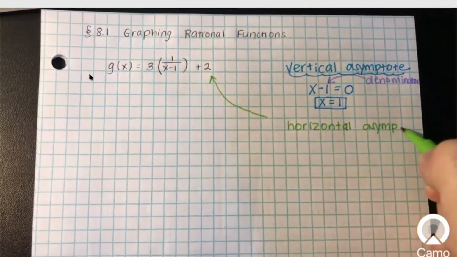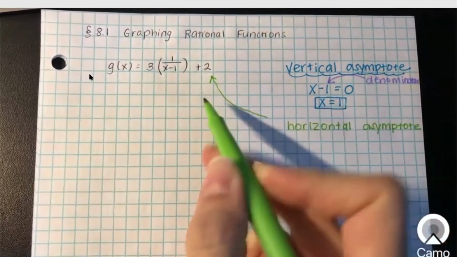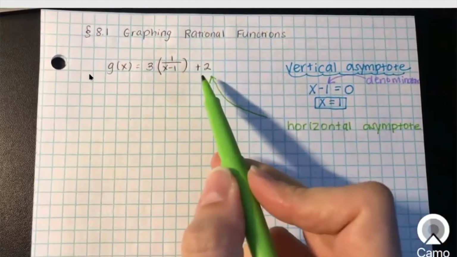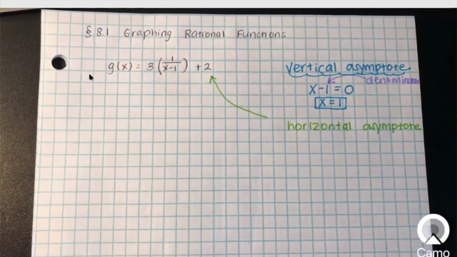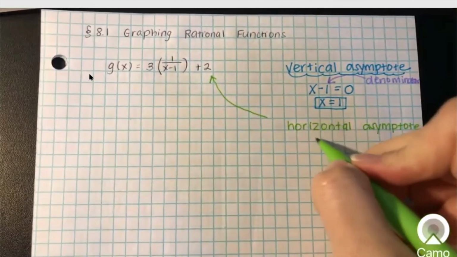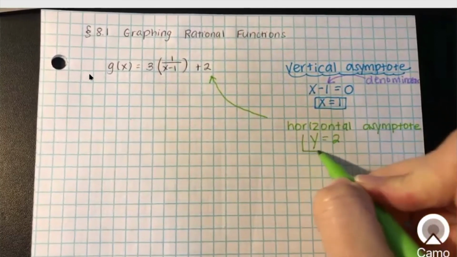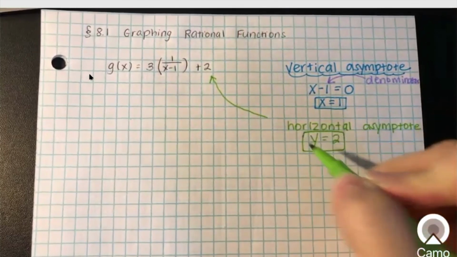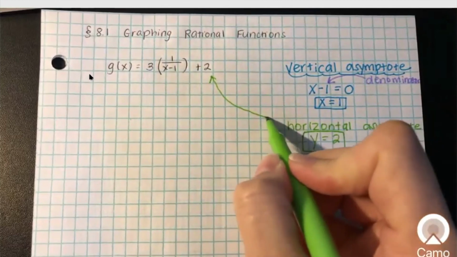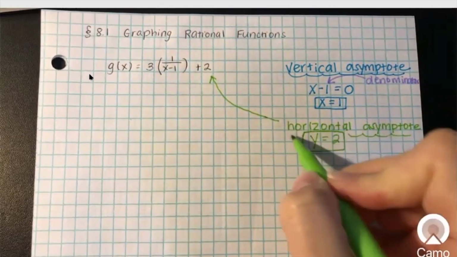And we noticed on Desmos that it shifts our entire function up 2 units. So instead of our function being at 0, we have shifted it up 2 units, and our horizontal line is always y equals that value we are adding at the end of our function. So that's our horizontal asymptote.